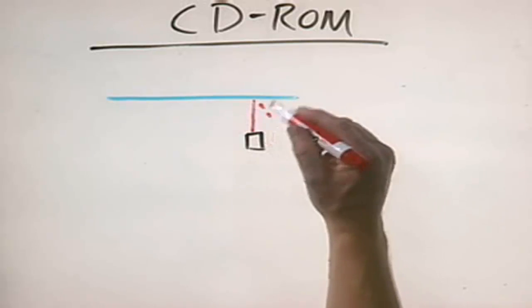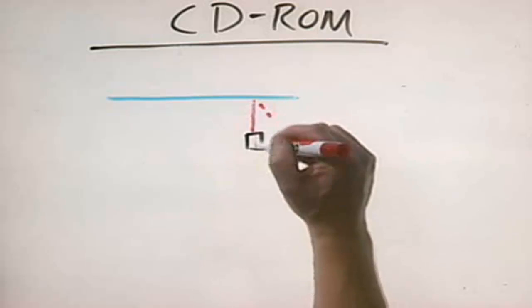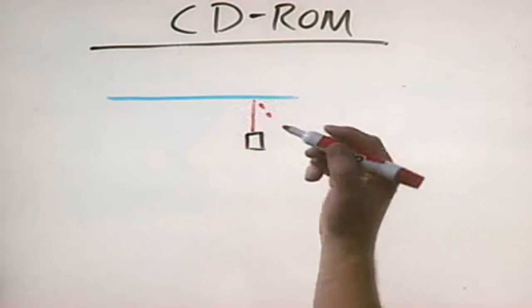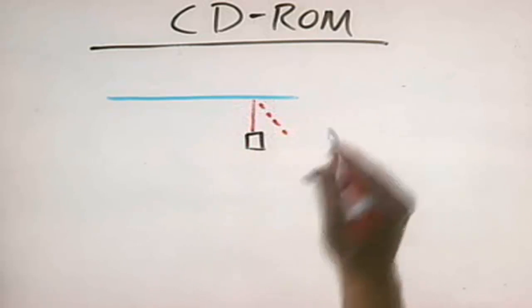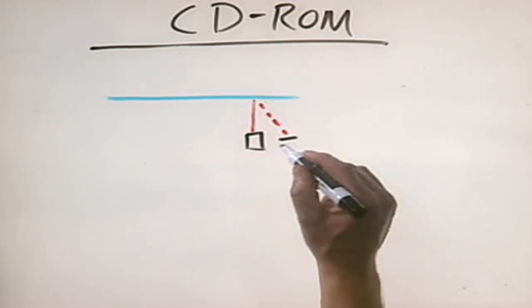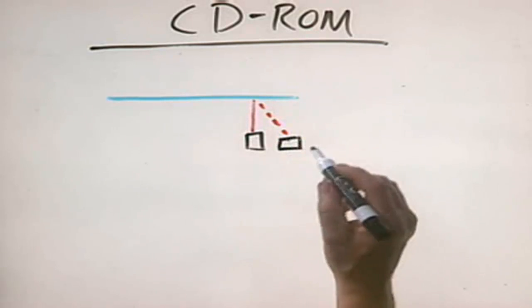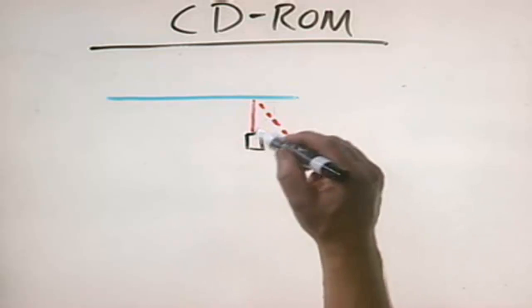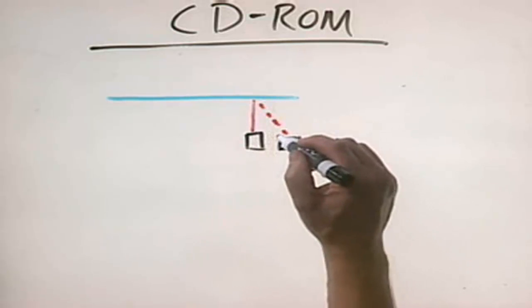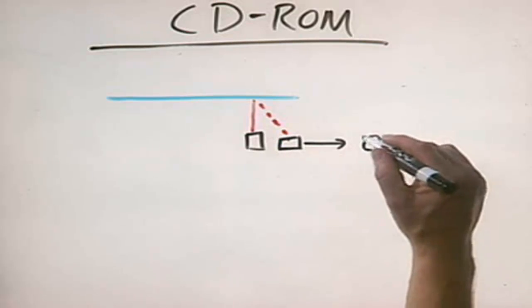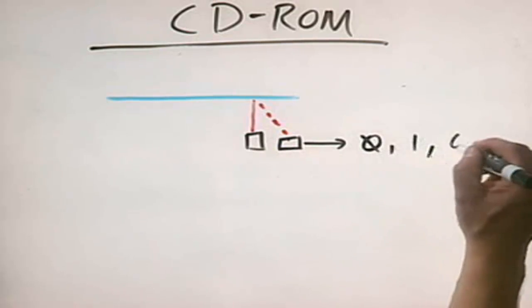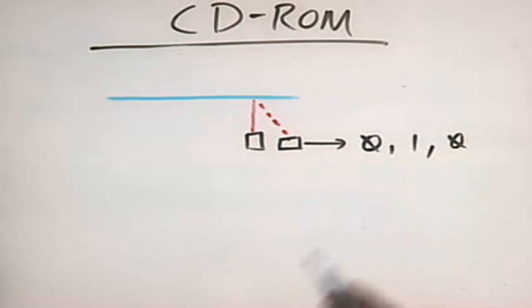And by spinning this disc and moving this laser head around on the disc, we can read binary information. The reflection is captured by a photosensitive device down here, which then converts the pulse of laser light into zeros, ones, zeros, and so on. The binary PC data we need in order to be able to process the information off the disk. In this way, a CD can store binary digital data.